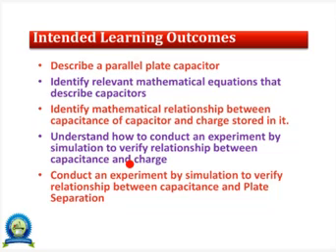You should understand how to conduct basic experiments by simulation to verify these theories of the relationship between capacitance and charge. And lastly, you should be able to conduct an experiment by simulation to verify the relationship between the capacitance of a capacitor and plate separation. Okay?